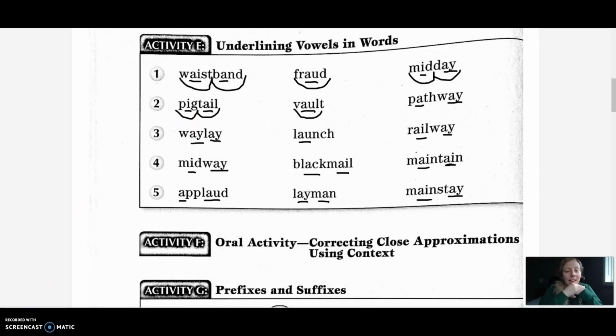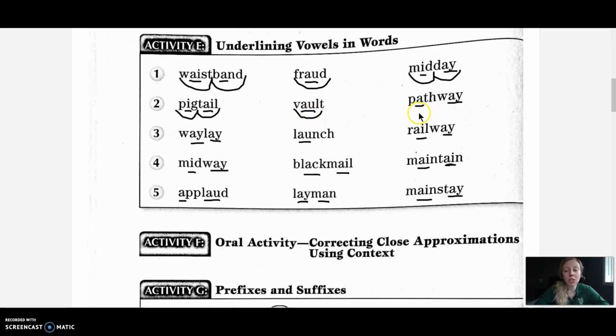All right, so I went ahead and underlined all of our vowel combinations. We are going to split it into the word parts together. So I did this one here. Here it had one vowel combination, so I know there's only one word part. And if I sound it out, it's vault. Okay, so let's go over here.